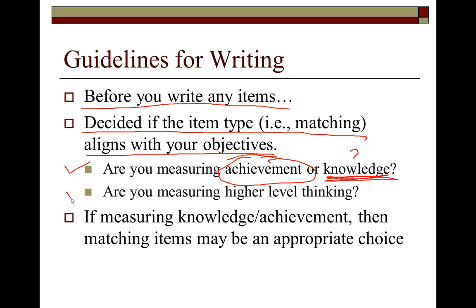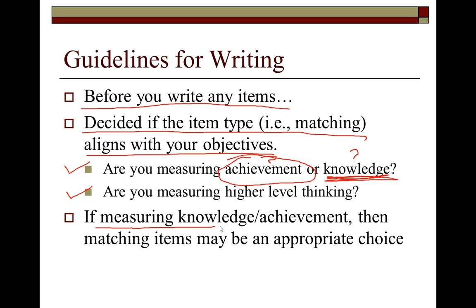And then, are we trying to measure higher level thinking? Well, if that's what we're looking at doing, then probably matching may not be what we want. If we want them to be able to think, then we maybe want to go with a fill in the blank or essay type question that's going to really get us to see what they know and understand.